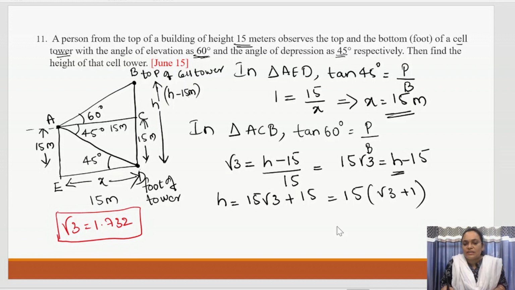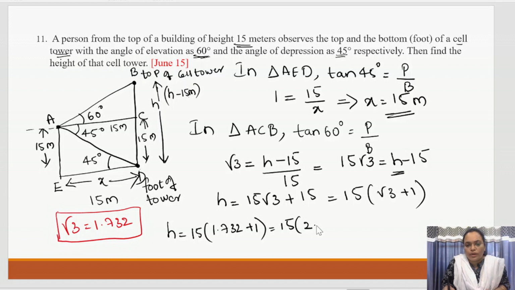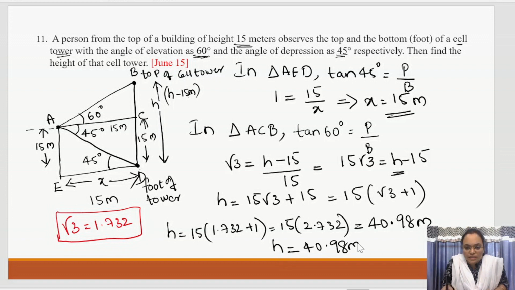Substituting this, you will get H is equal to 15 into 1.732 plus 1, which is 15 into 2.732, which is 40.98 meters. So the height of the tower is 40.98 meters. Clear?